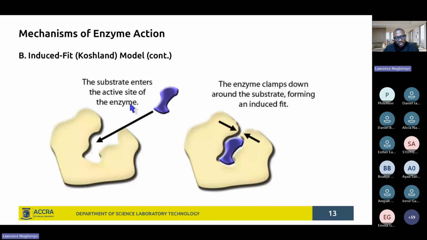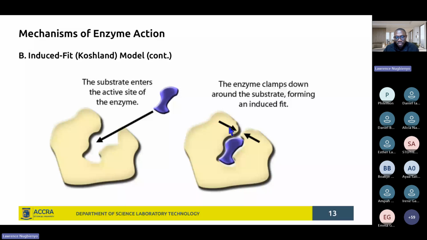that this is an enzyme with some active sites, and that's the substrate. And once the substrate enters into the active site of the enzyme, you'll find that the enzyme then closes, sort of fits well to the substrate, which means the substrate induces the fitness of itself to the enzyme active center.